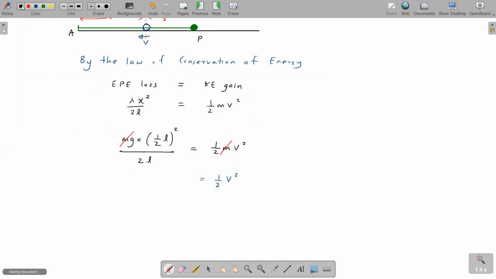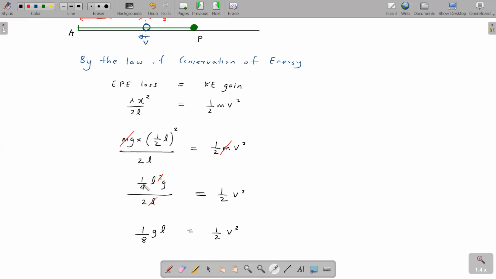So what do I get here? (Half L) squared becomes 1 over 4 L squared, times the g, divided by 2L. Do you agree with me? This is equal to half v squared. So I can cancel out L, and the 1 over 4 and the 2 here will multiply to give you 1 over 8 gL, right? 1 over 8 gL equals half v squared.